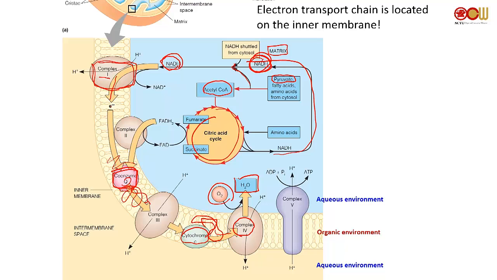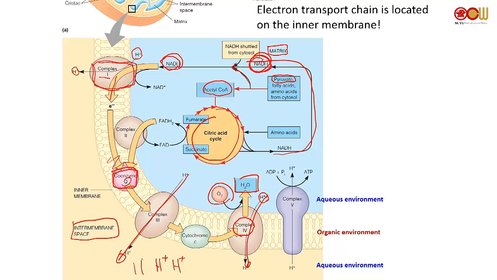You generate water. Now, in all of these processes, you have a net movement of protons from the matrix into the intermembrane space. So you have proton movement here, and also here. What you accomplished is that here you have a bunch of protons, and in the matrix you have fewer.